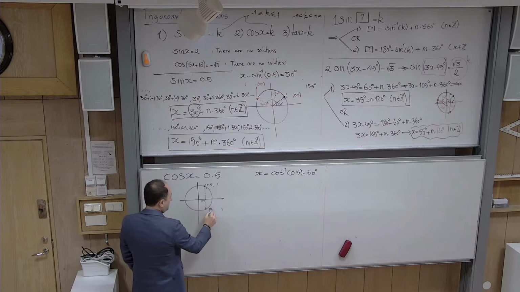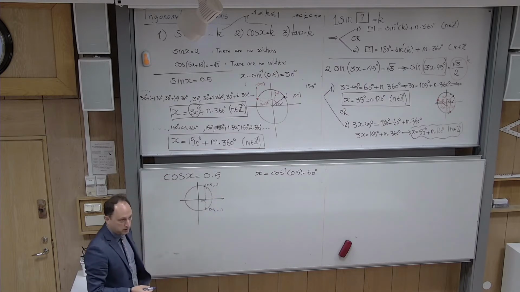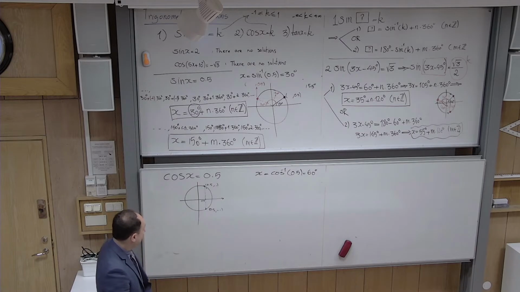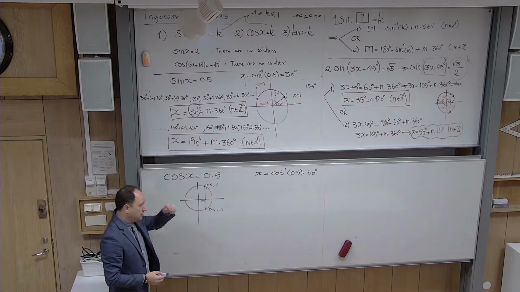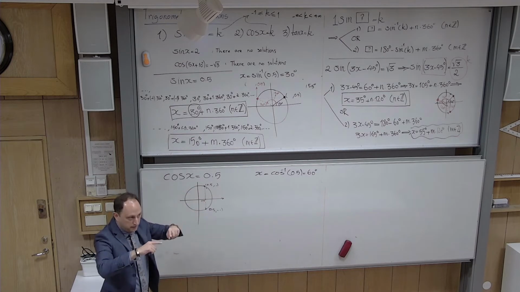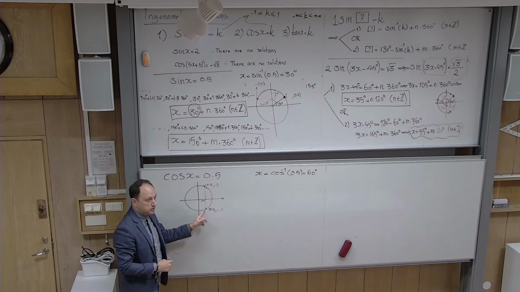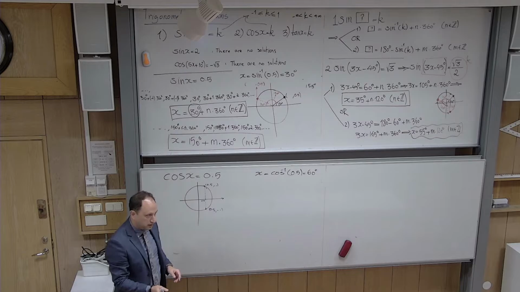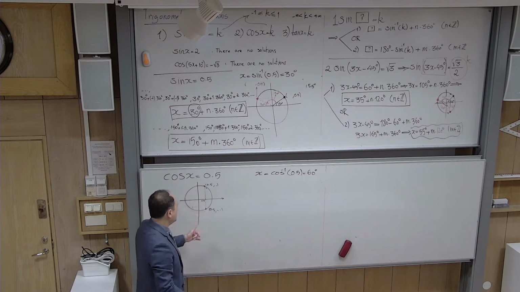Both of them are 0.5, and I don't care what the y-coordinate is here. Is this idea clear? So you see that for sine, these two dots were lying on a horizontal line, but for cosine, these two dots lie on a vertical line. That's the difference. By imagination, you immediately realize what's going on.